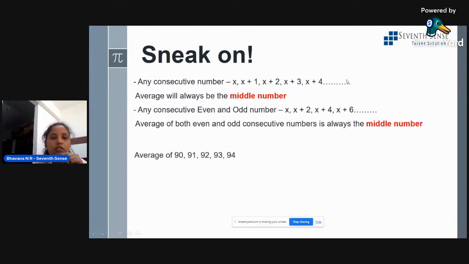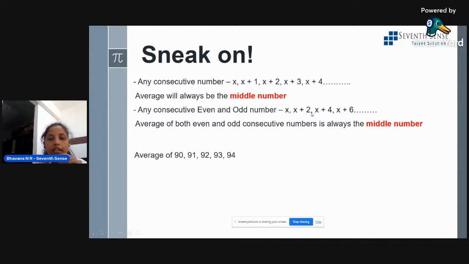So next, consider consecutive even and odd numbers. Here we don't know the even and odd numbers, and they have not given where to start. Consecutive numbers means continuous numbers.